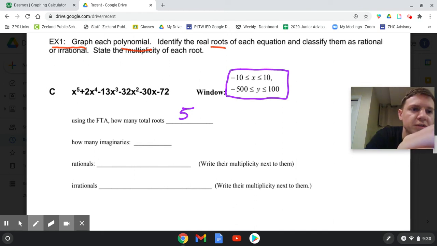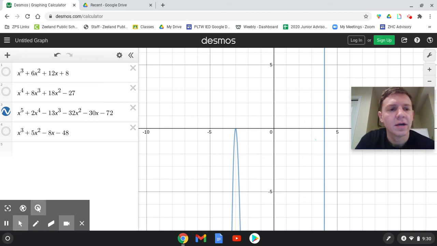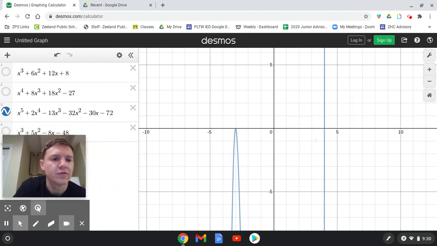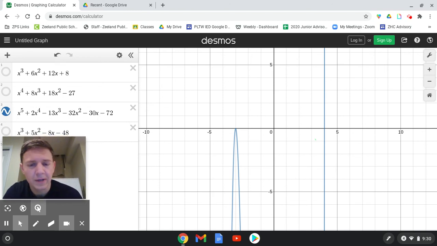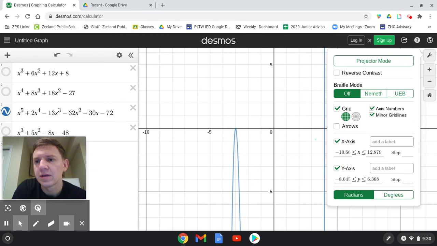Okay, so let's go over. Let's look at it. There you'll see that I've already got it up. Okay. And then we have to reset the window. Real quick, I'm just going to check -10 to 10 for the x value.